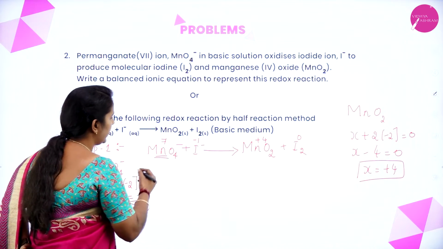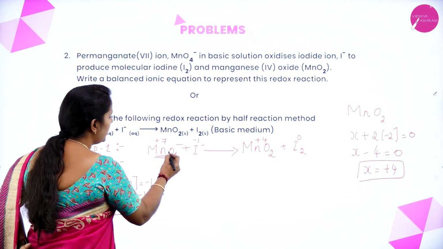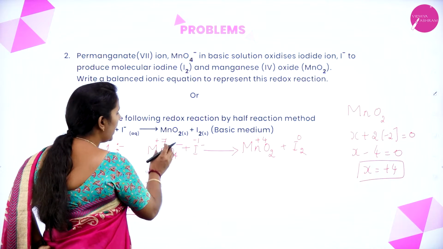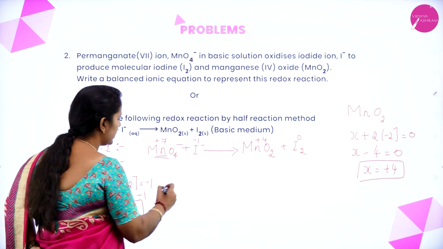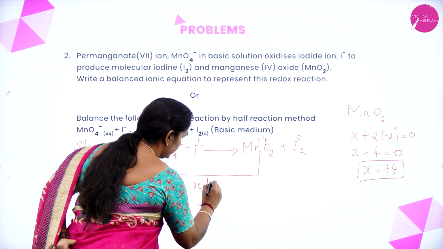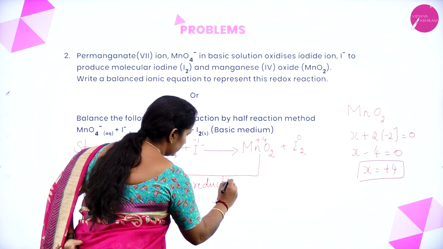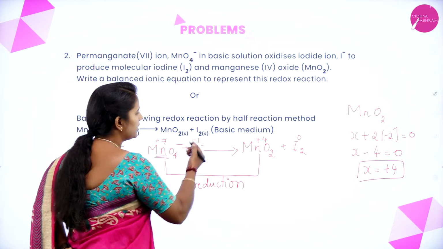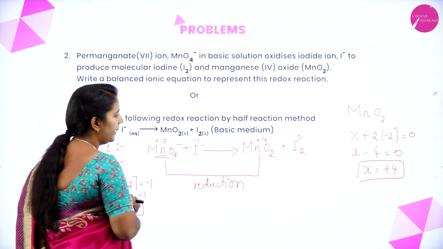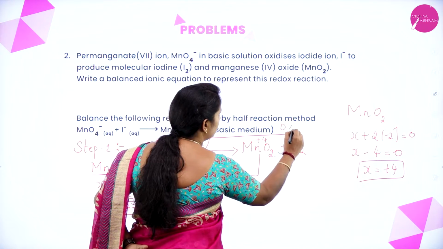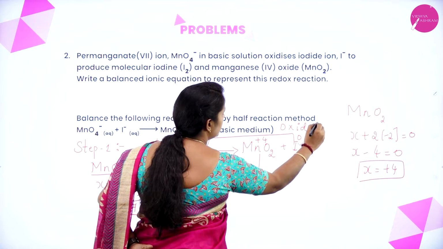So from this you can easily understand that MnO4- gets reduced to MnO2 by gaining 3 electrons. Is it right? So this is reduction, and I-, that is iodide, gets oxidized to I2, where the oxidation takes place. Why is it oxidation?